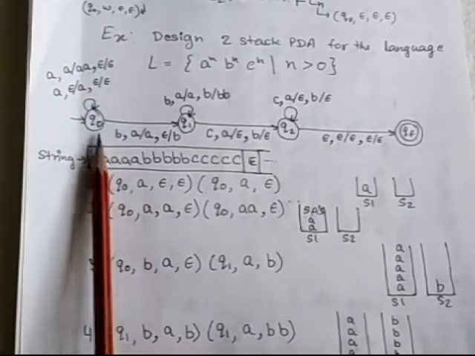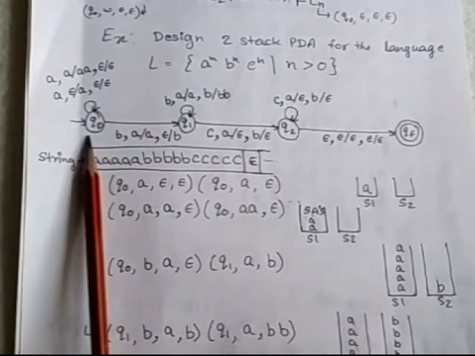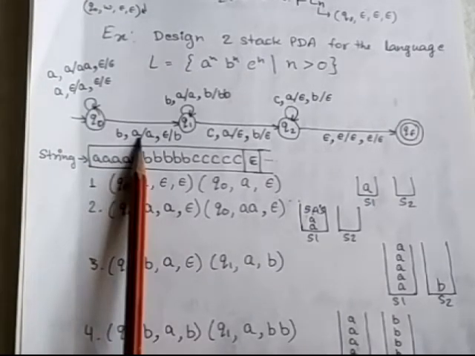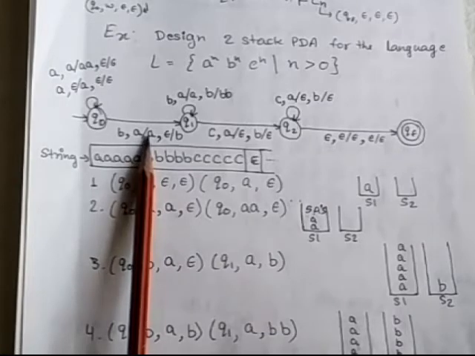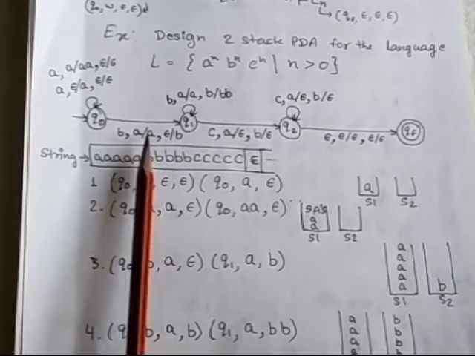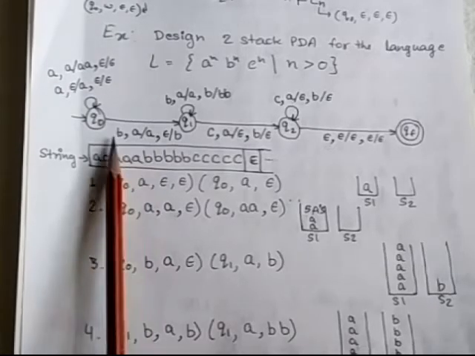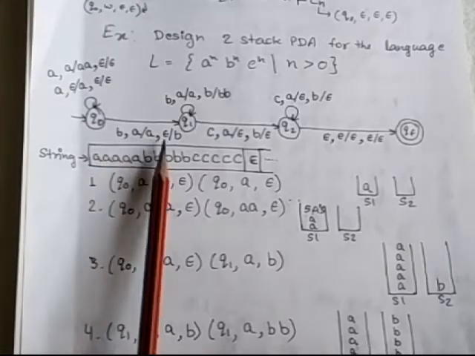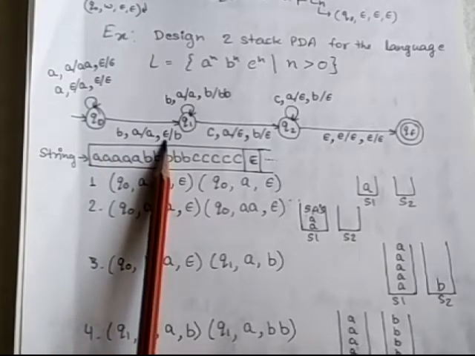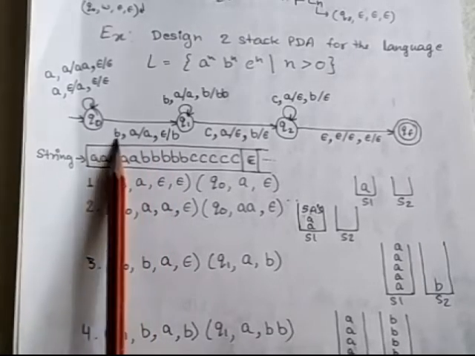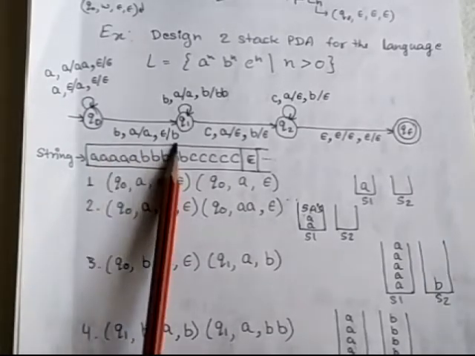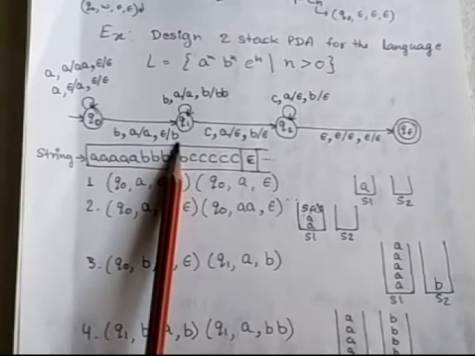As soon as we get B on Q0, the top of stack 1 is A. We don't do anything to stack 1 now. We read B, and initially stack 2 is empty. On reading B, we push it onto stack 2.